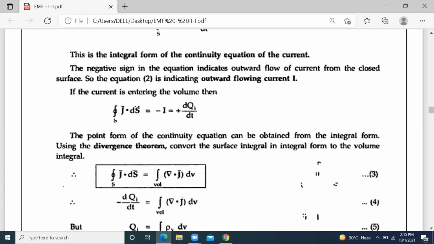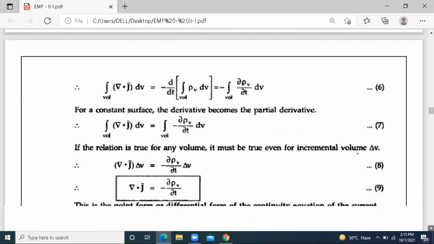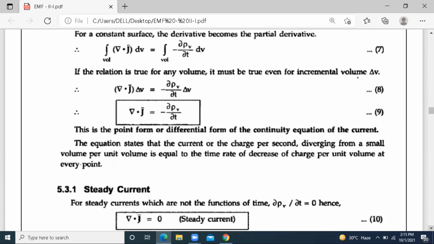All right, so this is the point form or differential form of the continuity equation.